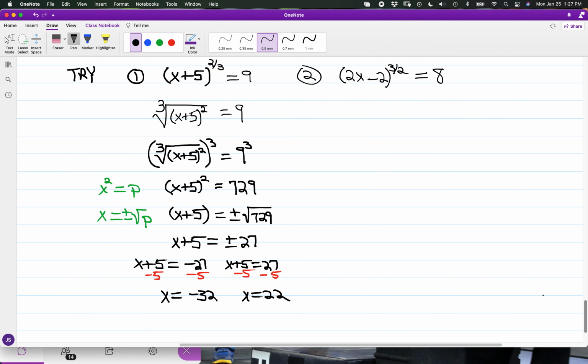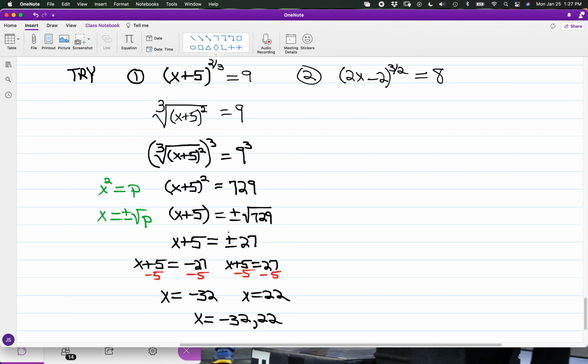So we have with our solutions negative 32 and positive 22. And I'm just going to restate, since I had the cubic roots, there was really no issue of whether the constant on the other side is positive or negative.